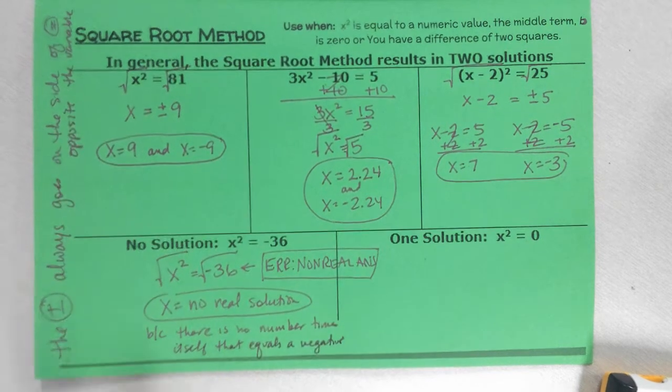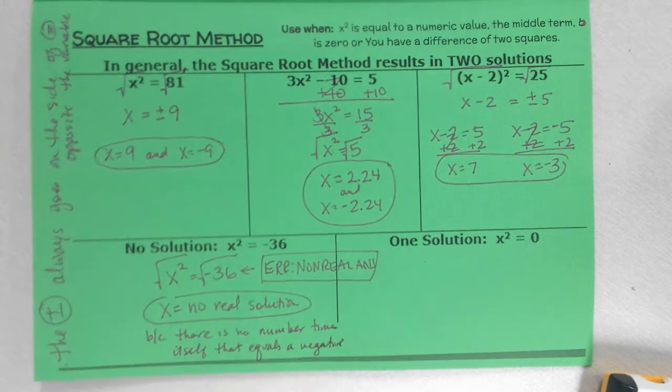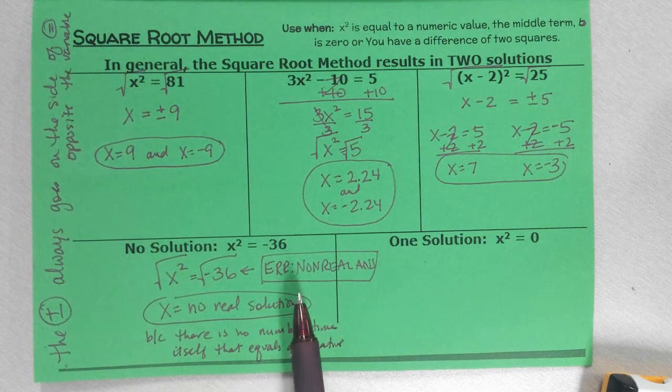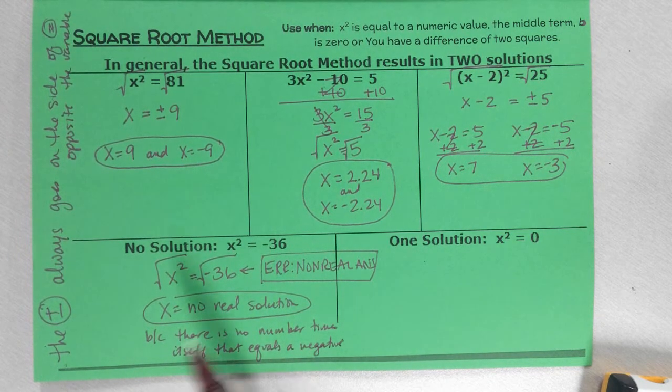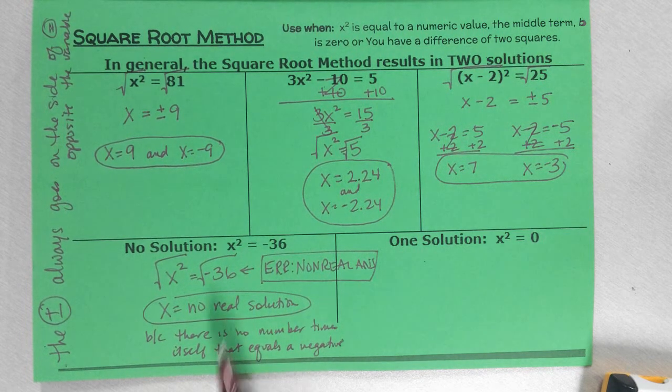We cannot multiply something times itself and get a negative answer. The only way we can get a negative answer is multiplying a number times its opposite. Something times its opposite. So 3 times negative 3, 3 times negative 5. The only way I can get a negative number is by multiplying a number times an opposite, and that's not a square root. There is no square root that's going to give me a negative answer.